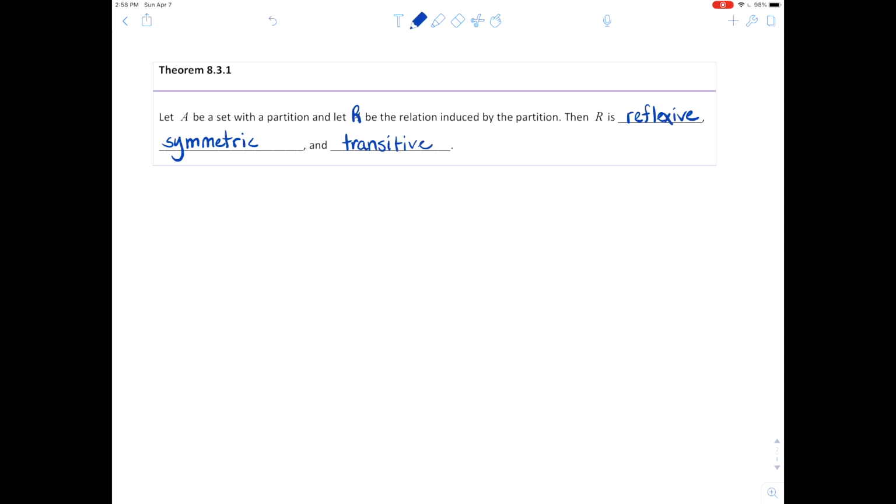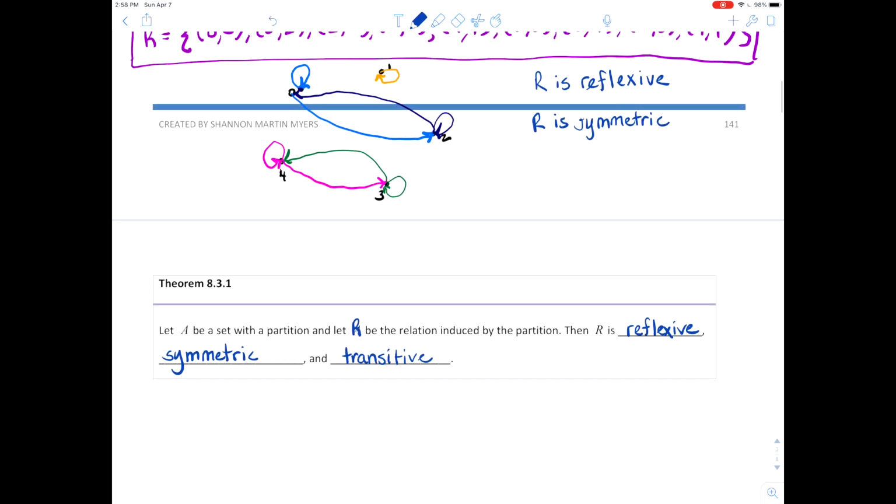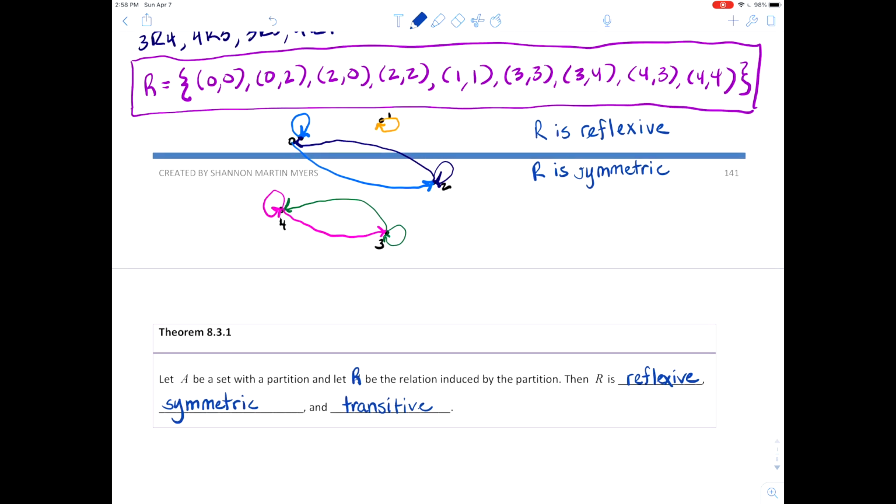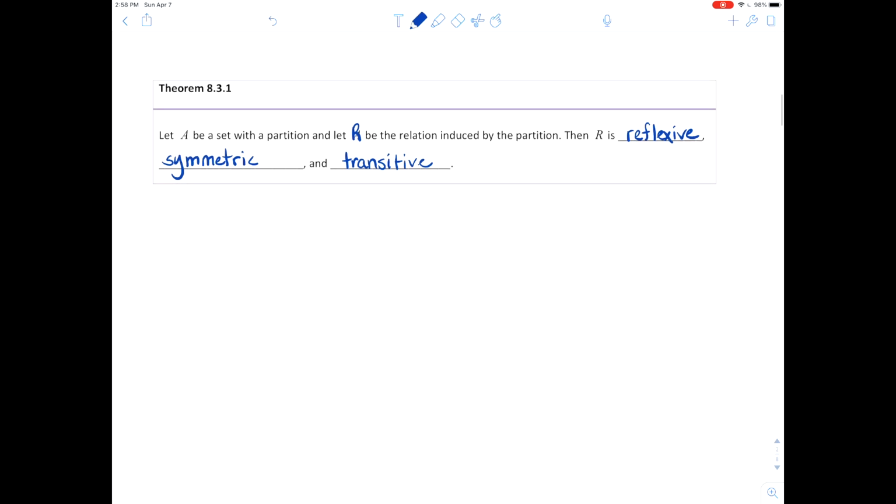So this is a really neat theorem to have to use because as we noted here, for sure we knew that R was reflexive and symmetric, right? But now we're going to prove that every relation that's induced by a partition is also going to be transitive as well as reflexive and symmetric.